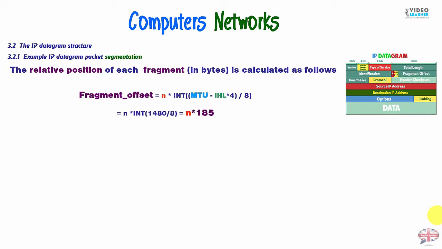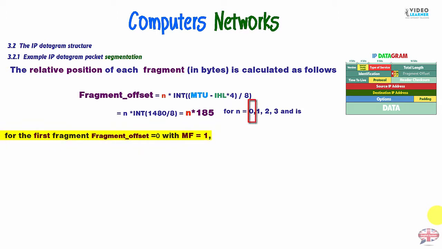So we have n times integer 1480 divided by 8. So we have n times 185. For n we have values from 0 for the first fragment, 1 for the second, 2 for the third, and so on. So for the first fragment, fragment offset is always 0 with MF 1.